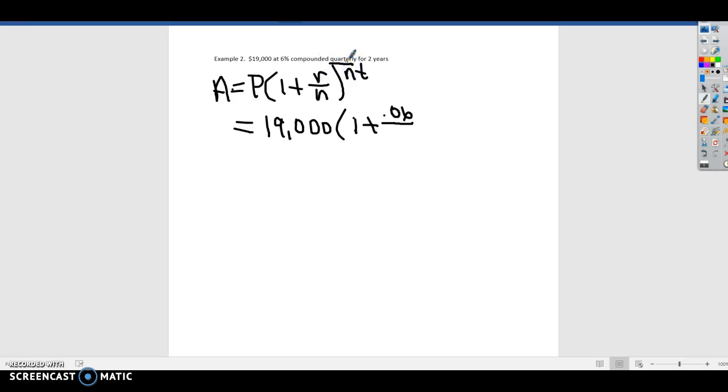Quarterly, think of 4 quarters in a dollar, 4 quarts in a gallon. Quarterly means 4 times a year. And then we're going to have N times T. T in this case is 2 years. Again, you've got to do order of operations.